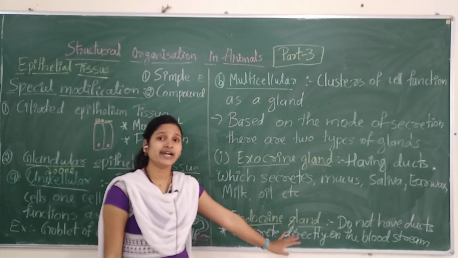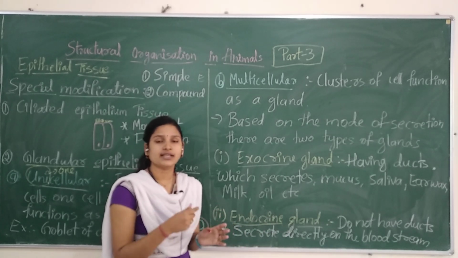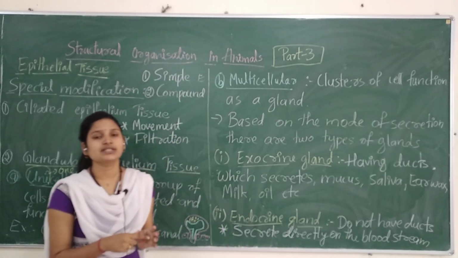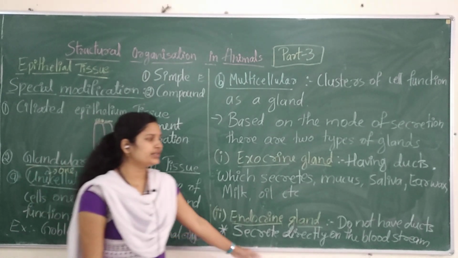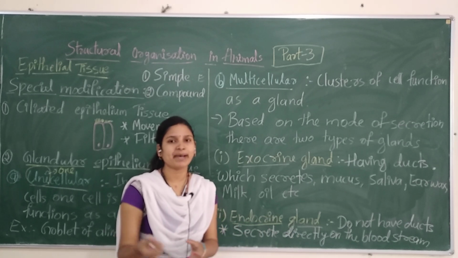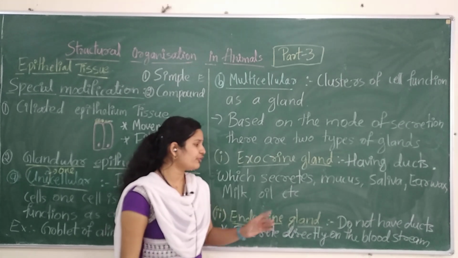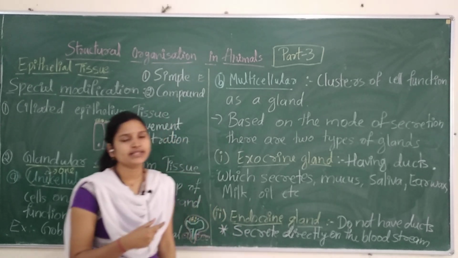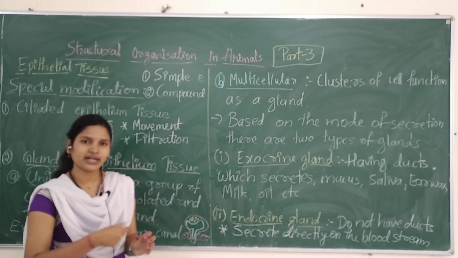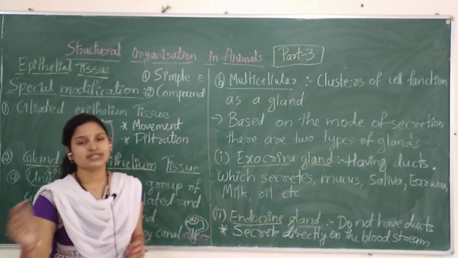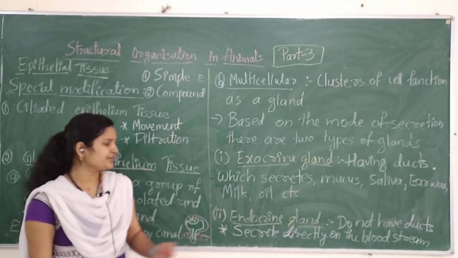Endocrine glands are ductless glands which secrete the chemical substance directly into the bloodstream, because they don't have any specific passage. When the blood flows, those substances reach the particular target cell.